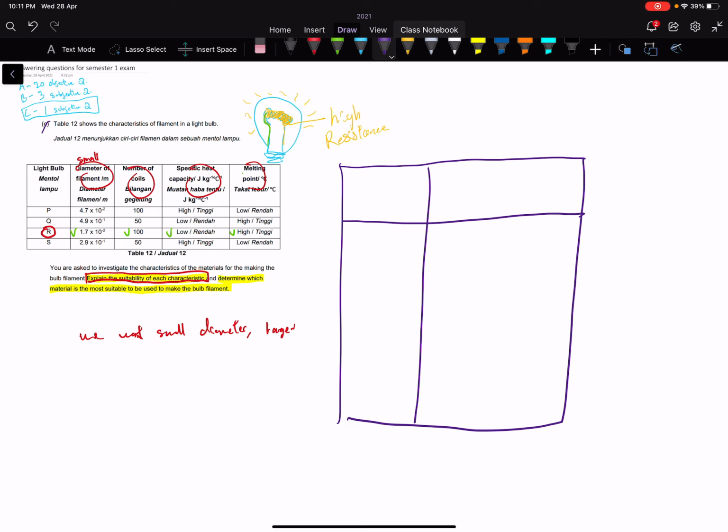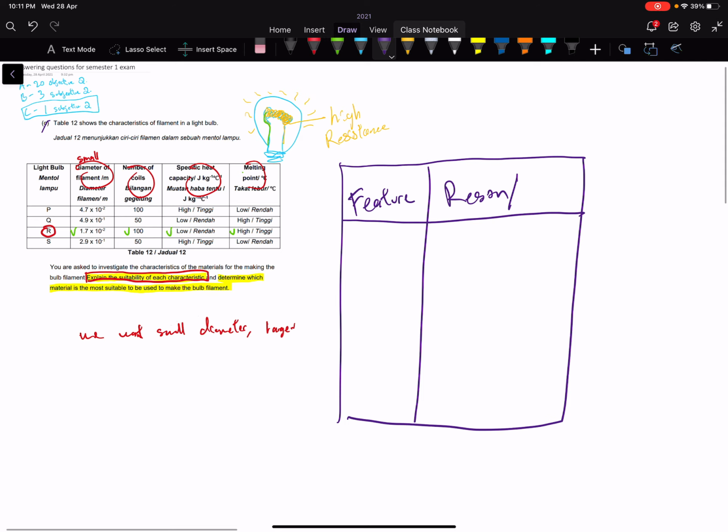You can choose which one. You have feature, and then you have reason, or explanation, justification.